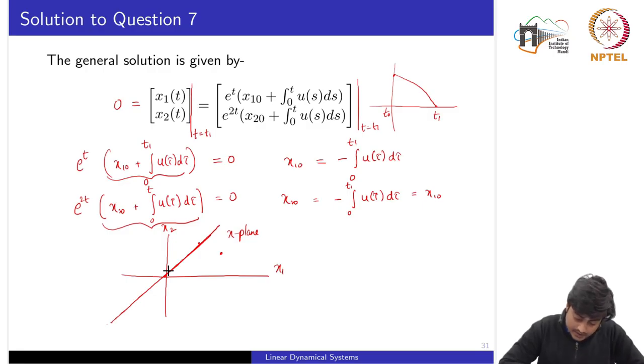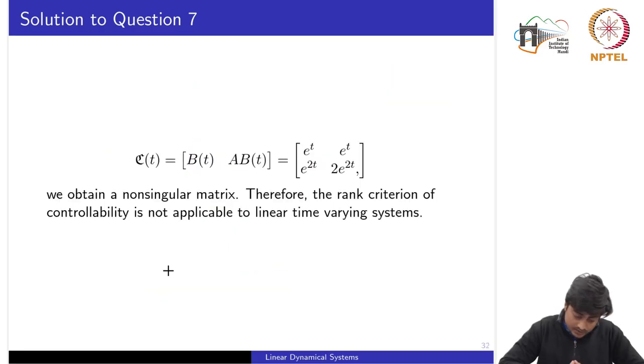So under the condition that both the initial conditions must be the same, we can say our system is controllable. But if both the initial conditions are not the same, then the system is not controllable. Now, just for validation, you can see whether the rank test of the controllability matrix is also applicable to the LTV system, as it was a necessary and sufficient condition for the LTI system.